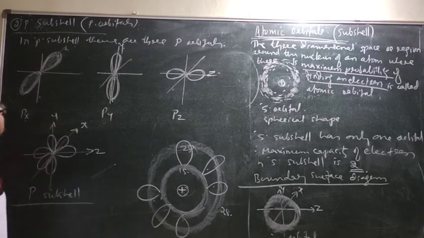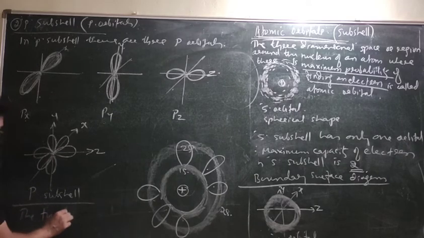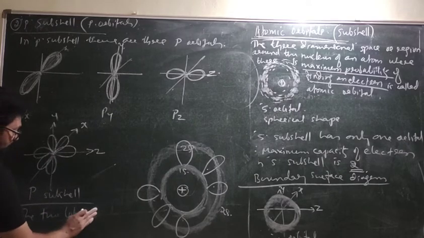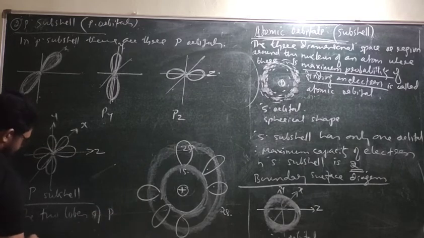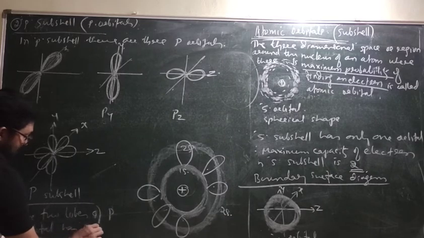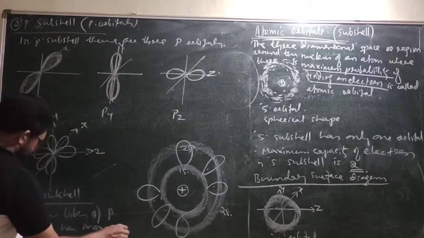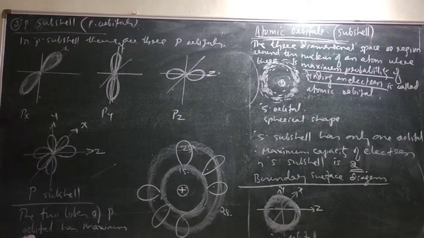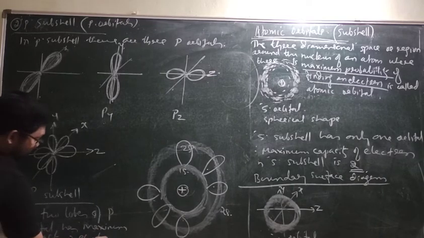What is the maximum capacity of each orbital? It is called lobes. The two lobes of a p orbital have 2 electrons, maximum capacity. How many electrons? 2 electrons.